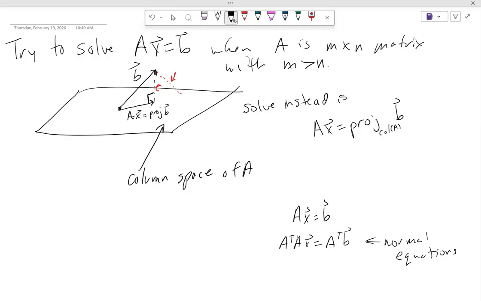I know many of you have already talked about spanning sets. Just because something spans doesn't mean it spans uniquely. So if you have non-linearly independent columns, then you could have multiple least square solutions. We're not going to worry about that. I'm just telling you that it can happen.